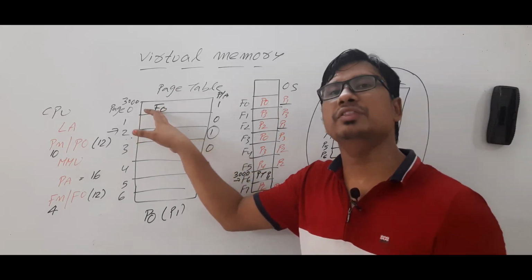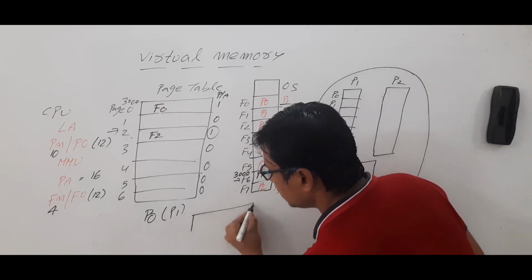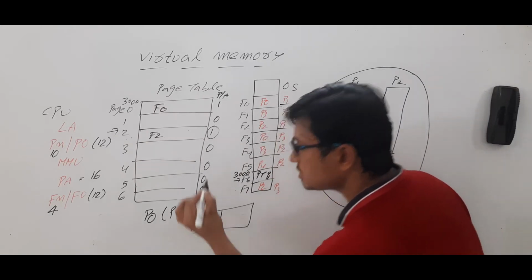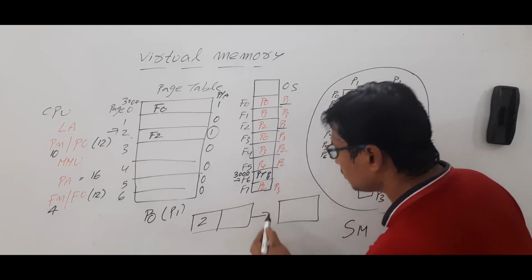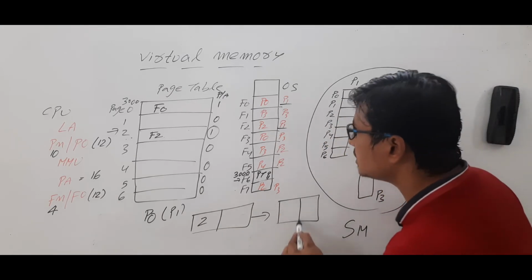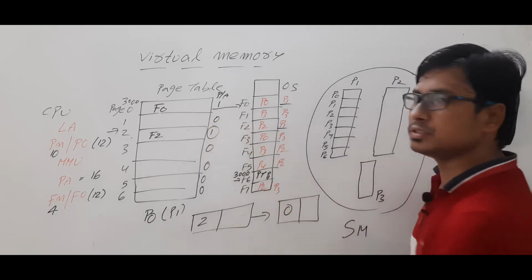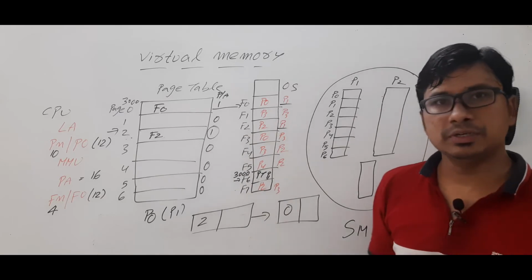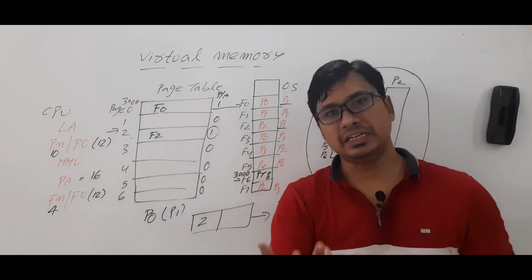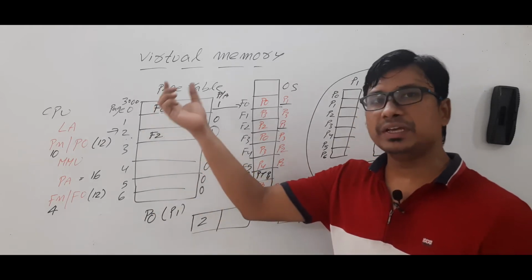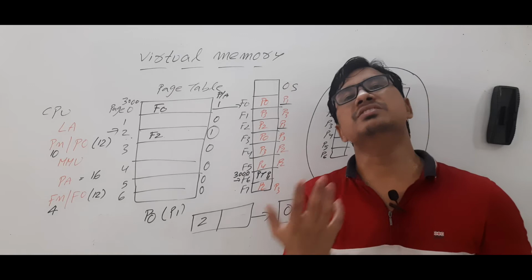It is available in frame number 0. So the CPU has generated the logical address consisting of the page number, then the memory management unit will convert it into a physical address consisting of frame number 0. So it will go to frame number 0 and access the page number 0 information. If the CPU is trying to access a particular page and that page is available in the main memory, that concept is called a page hit.